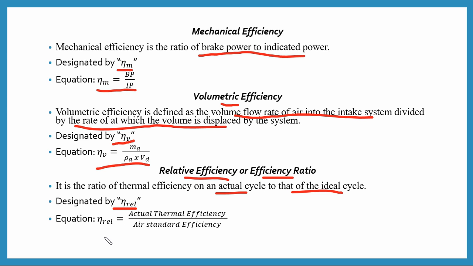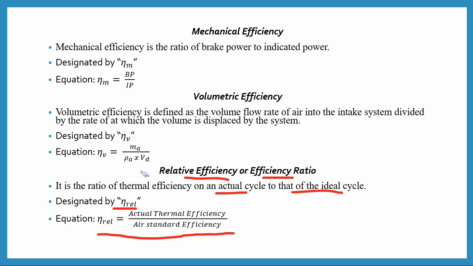The equation is eta relative equals actual thermal efficiency divided by air standard thermal efficiency. These are the main efficiencies that take an important role when we calculate and find out the performance of the engine.